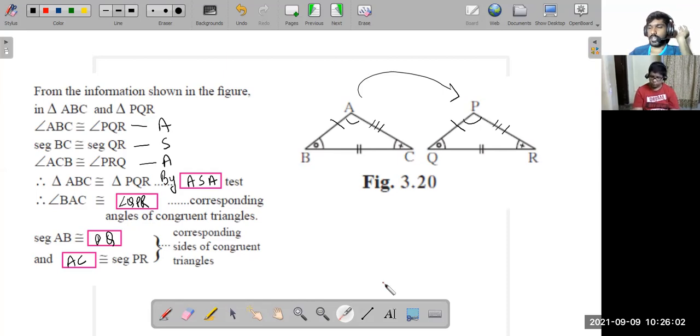If you're not understanding any step, you can ask. Done, sir.